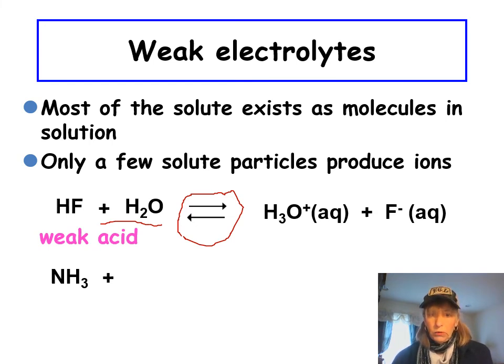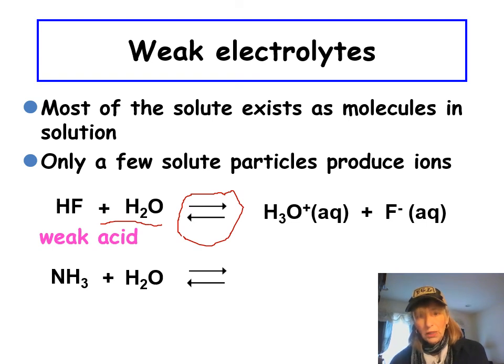When we take ammonia and we dissolve it in water, it's a weak electrolyte. So how are we going to show that most of that ammonia stays in the molecular form? We're going to incorporate a double-headed arrow. Let's put our double-headed arrow. It means we're going to get some of what's on the other side, but most of it is going to return to this form over here. So this one's a little bit different.